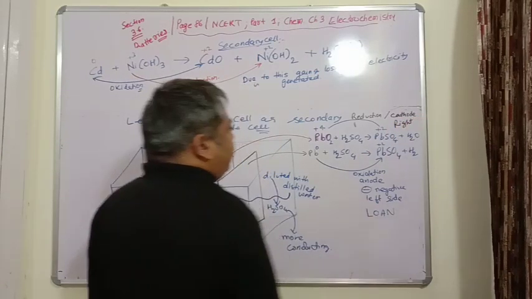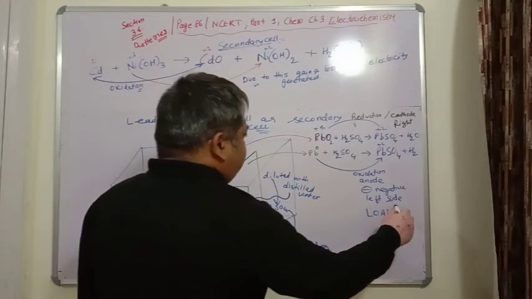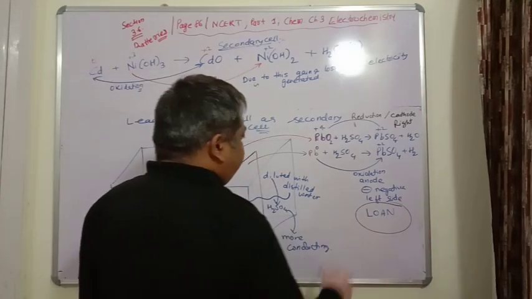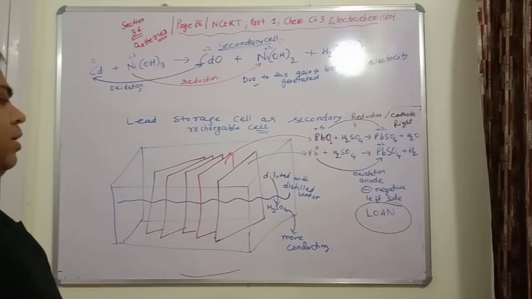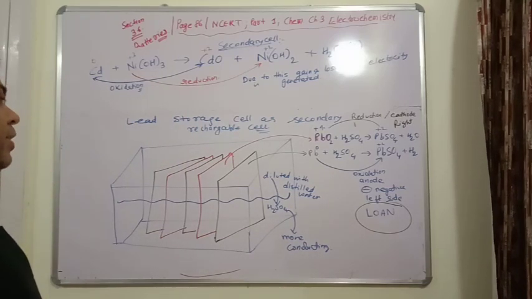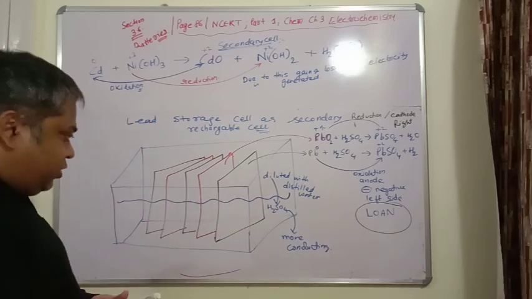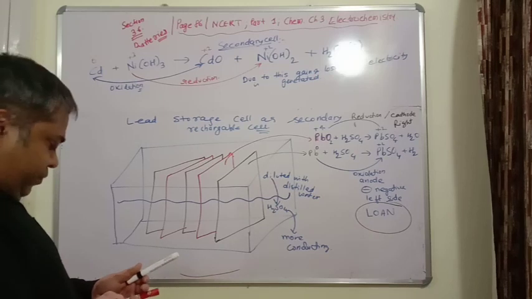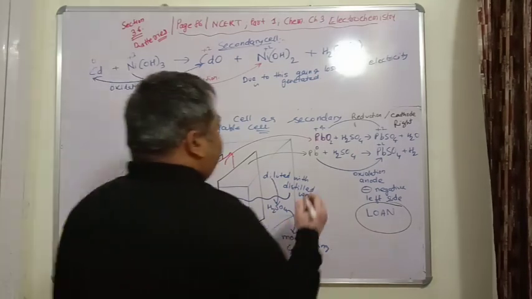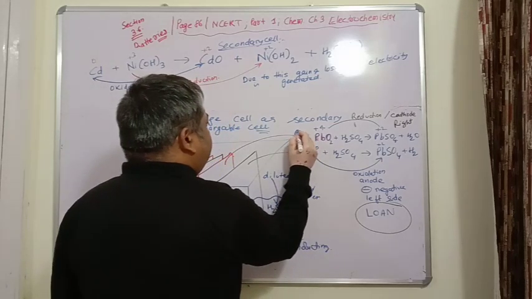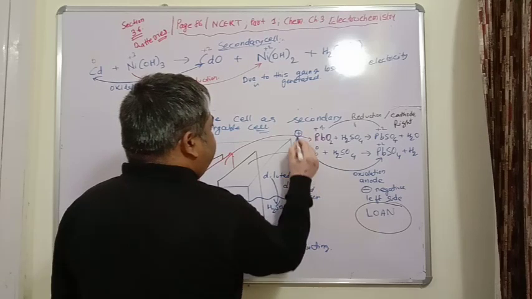Now if you go and stand on the opposite side of the battery, the right and left may change. So this is just a convention to keep in mind, that left side oxidation takes place, and where oxidation takes place it is called as anode, and at anode it is negative terminal because electron comes out. Since this is producer of electrons, electron comes out from anode, that is why it is called as negative terminal. So this will be positive terminal and this will be negative terminal. So in this way it is decided.